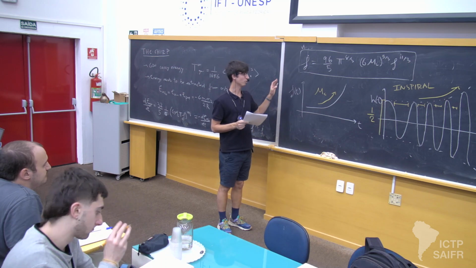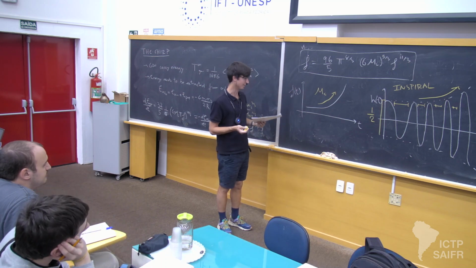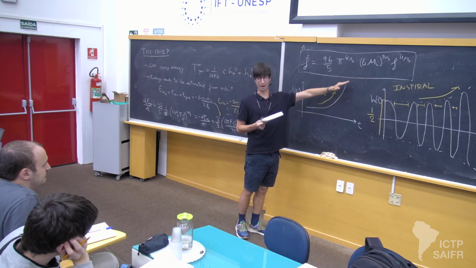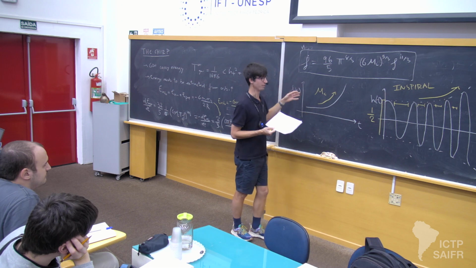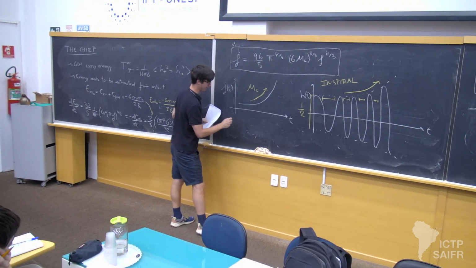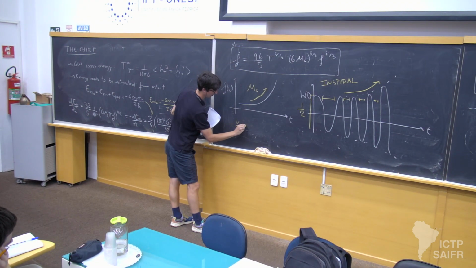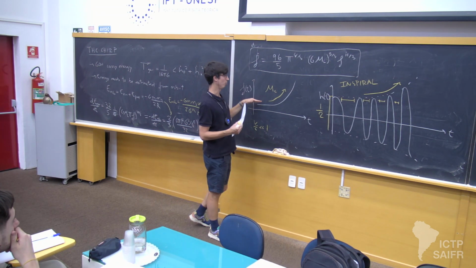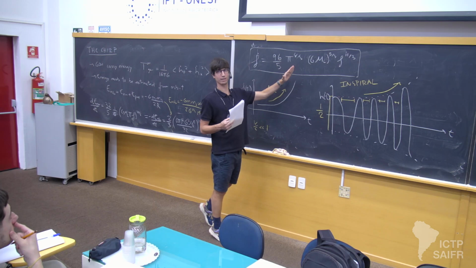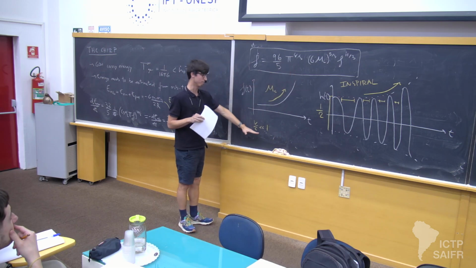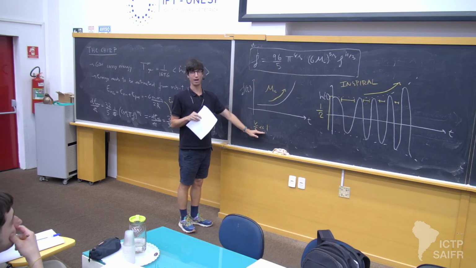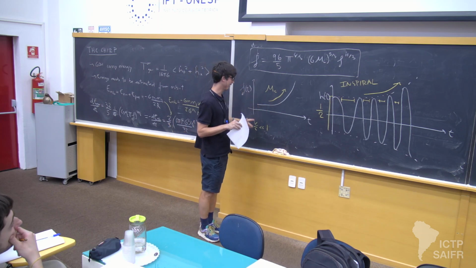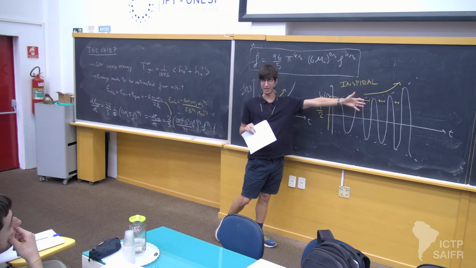One important thing here is that, of course, this calculation at some point stops being valid, because we were assuming from the beginning that v over c was small. And as you are orbiting faster and faster, that is going to be broken at some point. So this is the inspiral, the part that you can derive analytically.